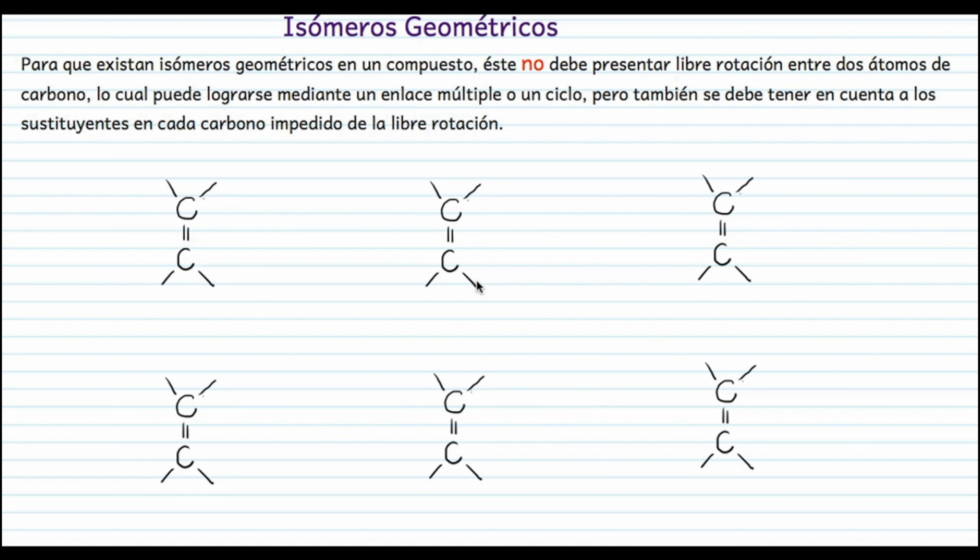Before going to other types of geometric isomers, let's remember that I am representing the double bond between two carbons and the substituents with an angle towards the sides and not horizontally, because the sp2 hybridization, the formation of the double bond, generates in the part of the double bond a flat structure, in which all the angles are 120 degrees.